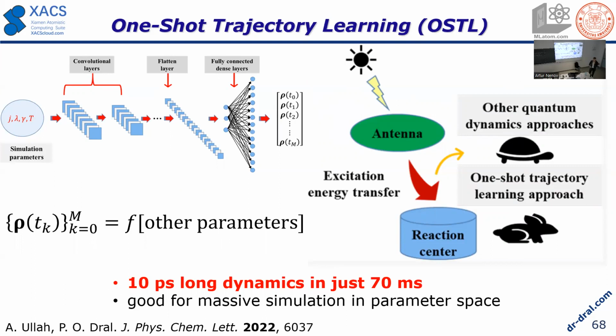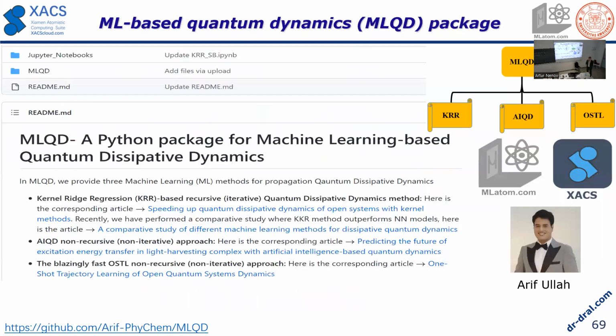It will take you 50 milliseconds on the computer to get the whole trajectory for new parameters. And this is something that was done for quantum dissipative dynamics. That's the package by my former postdoc. He's now an independent assistant professor at a university in Ukraine. So he implemented this in the MLatom package.